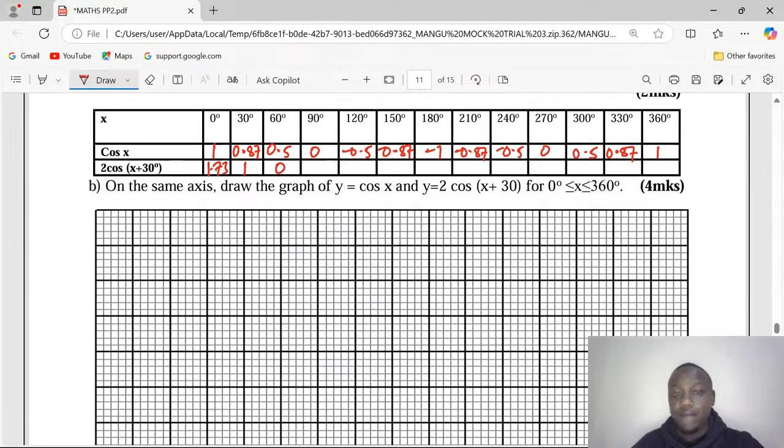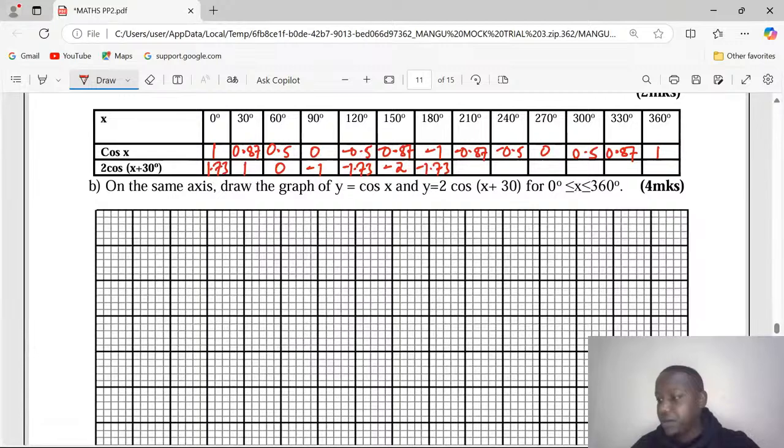Then the next will be -1. The next is going to be -1.73. The next is going to be -2. At 180, we shall have -1.73.